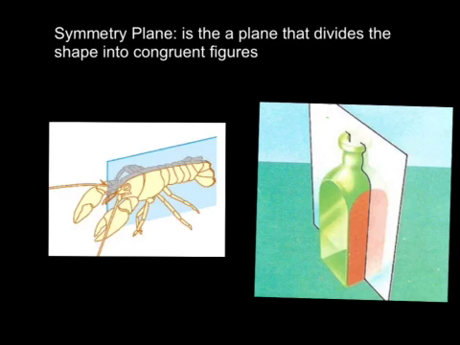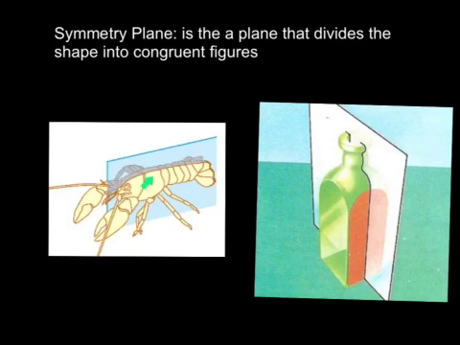The symmetry plane is a plane that divides the shape into congruent figures on both sides of the plane. If you look at the picture of the lobster on the left here, we have that blue plane that shows that this half of the lobster is going to be a congruent figure to this back side of the lobster.